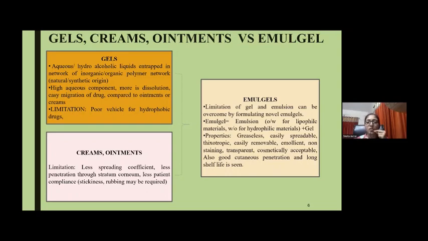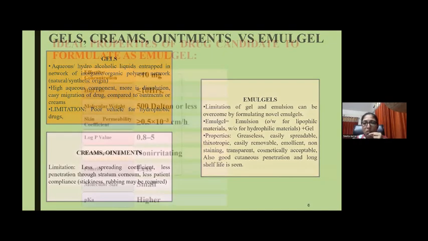Generally these emulgels are greaseless, meaning no greasy appearance is observed, easily spreadable, thixotropic with proper viscosity, easily removed, non-staining, transparent, and cosmetically acceptable, with a certain shelf life.